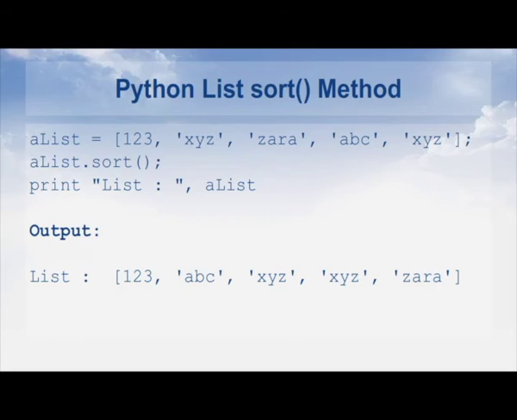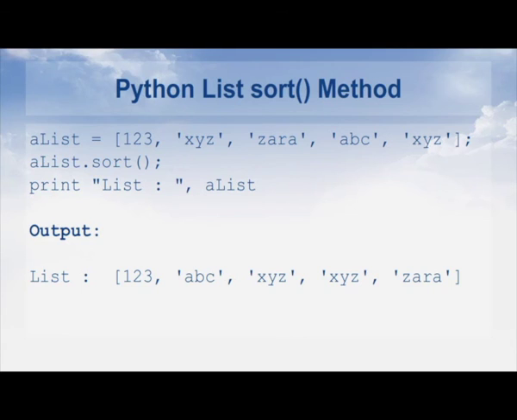Sort method. So, list has a method called sort, which sorts the elements in alphabetical order or numerical order. Here you have the same A list with elements 1, 2, 3 and so on, and we say A list dot sort. Now, when you print the A list, you see numbers come before.